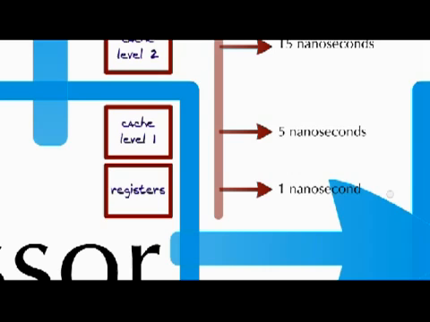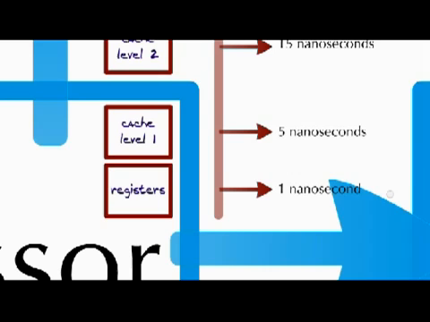Now moving away a little bit from the processor, you've got level 1 cache. This is an access time of 5 nanoseconds on average, and basically cache memory saves a copy of the most frequently used data. So this might be an image that is repeatedly loaded from a website, or it might be the address of an MP3 file that you enjoy playing, and it's quite high up the playlist, something like that.